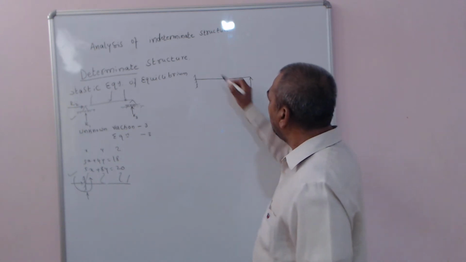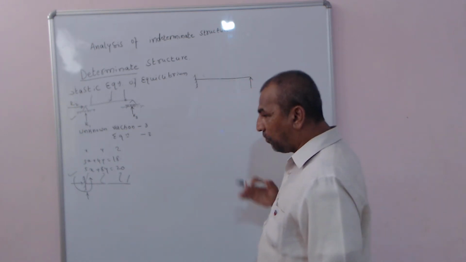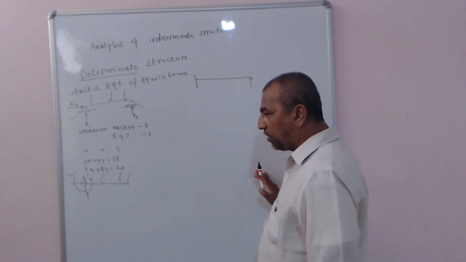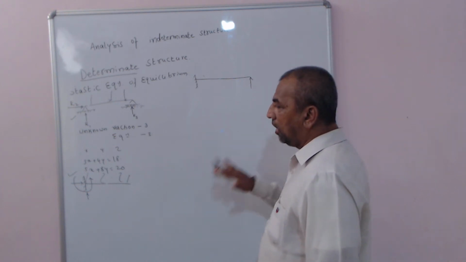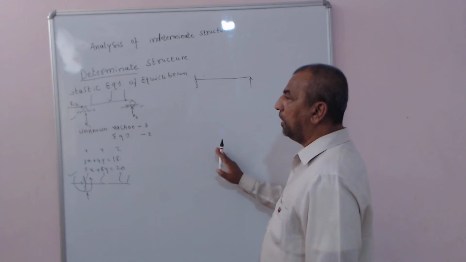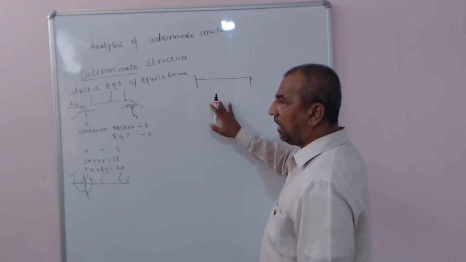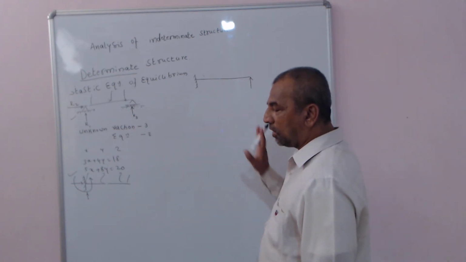Friends, you are applying any amount of load here. First I need to see how many unknowns are there. Next I need to check how many equations are there. Based on it I can decide whether I can determine it or not.